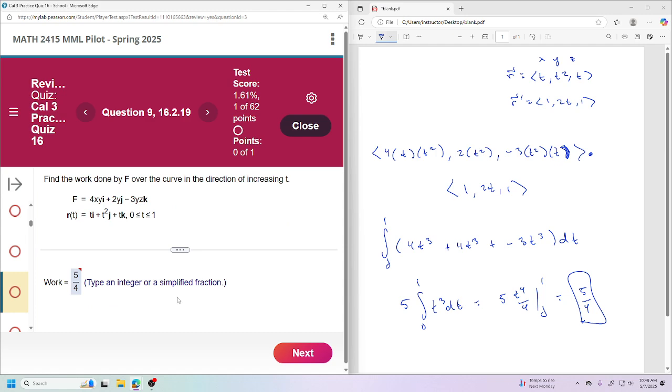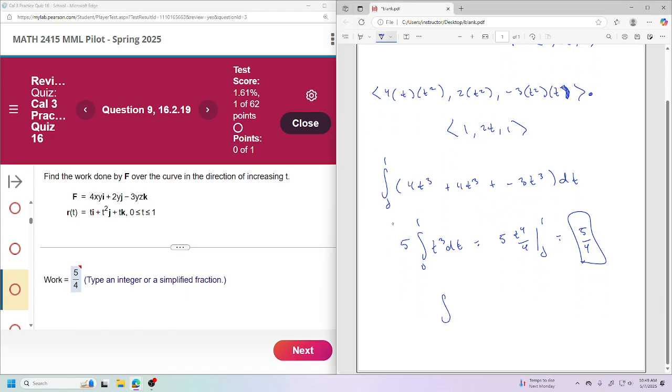This one doesn't have a ds. So this is just integral F dr, which, I mean, again, there's a formula, I'm sure, for it, but integral F dr is integral of f dot r prime dt, essentially. So it's kind of like a built-in dt. That makes a lot of sense. Thank you. Cool. But yes, formula-wise, ds equals magnitude of v dt. Like copy paste every time. Cool. Definitely gonna be writing that down. Oh yeah. Definitely.